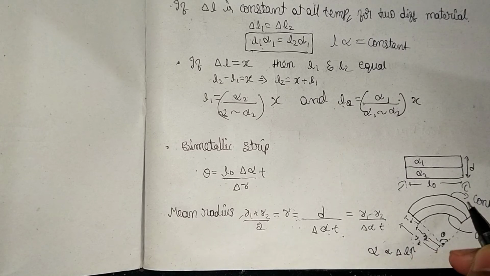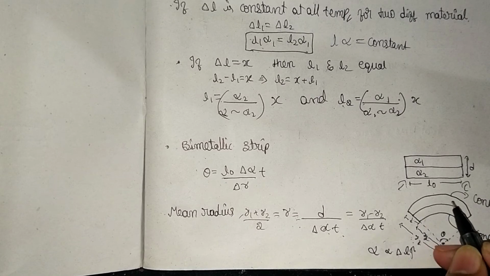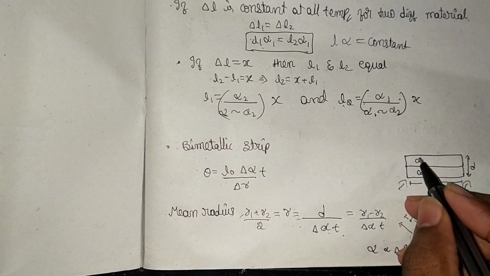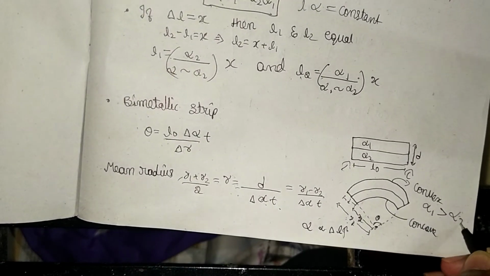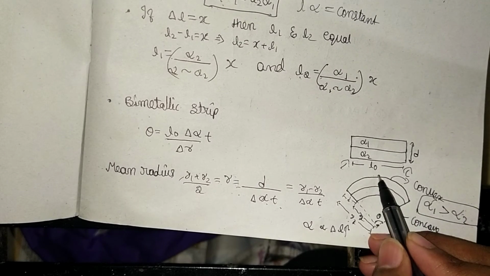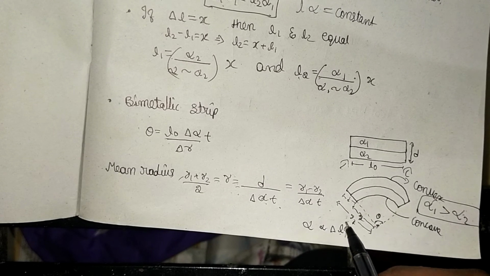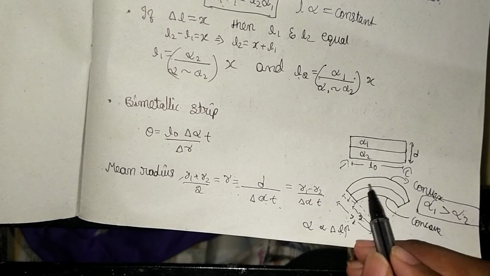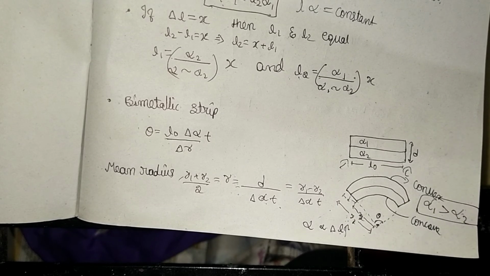We have seen that the convex shape is the one whose length is increased, so alpha 1 is greater than alpha 2. Comparing alpha 1 and alpha 2, the upper strip bends more than the lower strip, so the more the alpha, the more the delta L, that is the more the elongation. So alpha 1, the convex side, is greater than alpha 2.